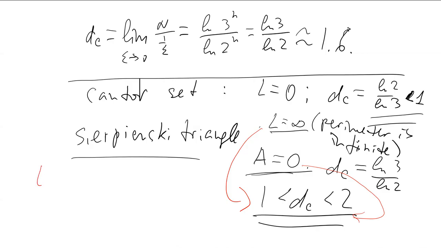Now with length is easy. Length equals to limit when epsilon tends to 0, and this was N times epsilon.